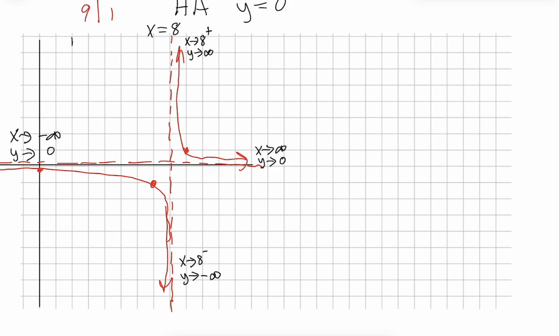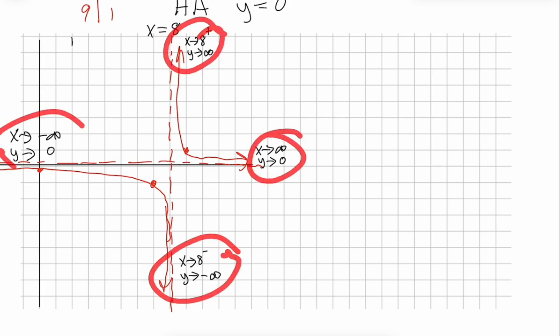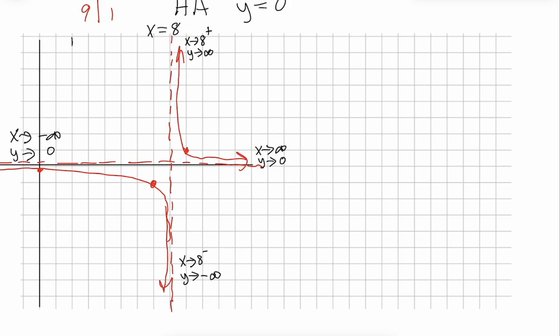So when it says to describe what is happening at your horizontal and vertical asymptotes, that describes our vertical asymptote. This describes our horizontal asymptote. And we can also say that our horizontal asymptote is y equals 0. So that's everything we could possibly need to know about that graph.